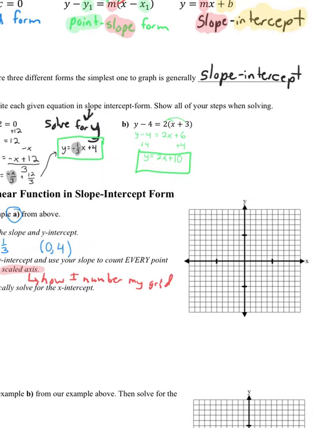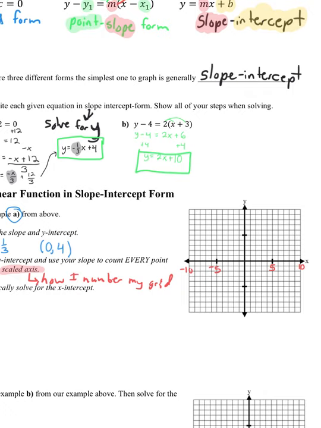And for this problem, I'll scale my axes by counting by 1s in the x direction. 1, 2, 3, 4, 5, 6, 7, 8, 9, 10. But I don't need to write a number at every single point. As long as I put a scale like every 5 or so, that would work. And that's what I'm doing here. And then in the negative x direction, I'm going to go -5 to -10.